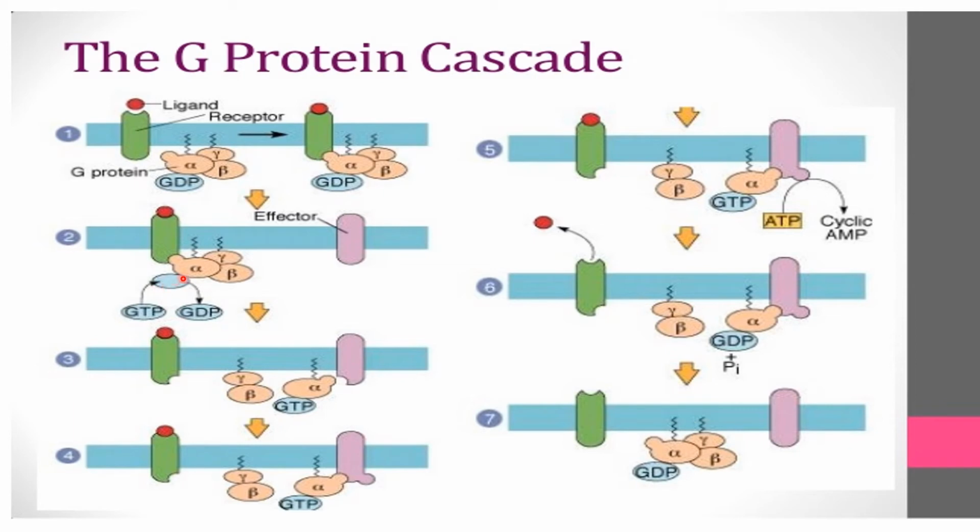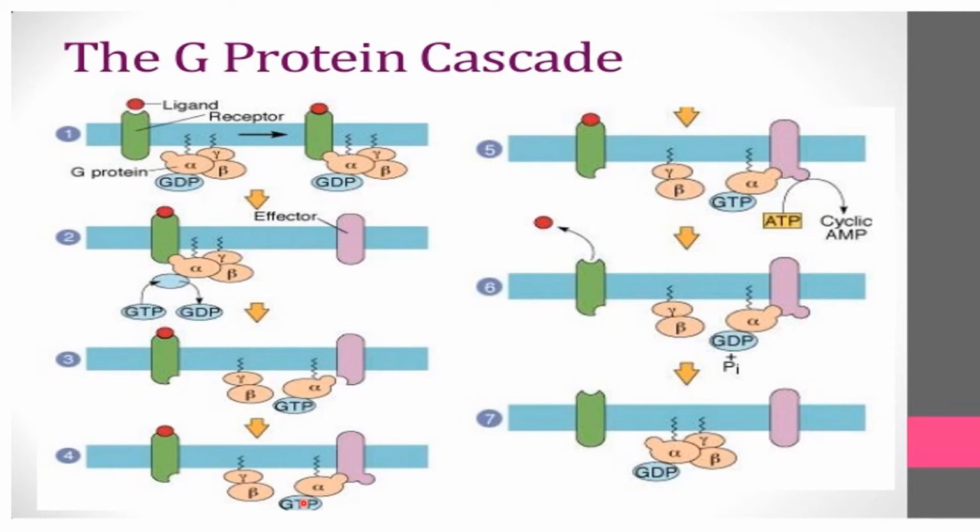After attachment of GTP to the alpha subunit, you can say the hyper energetic form of the alpha subunit, which is bound with the GTP, activates or initiates the effector molecule here like adenylyl cyclase.